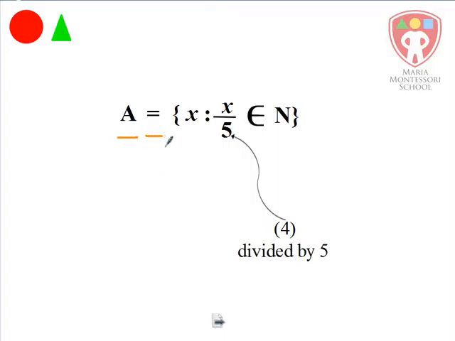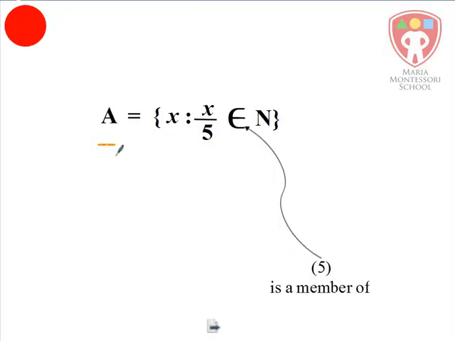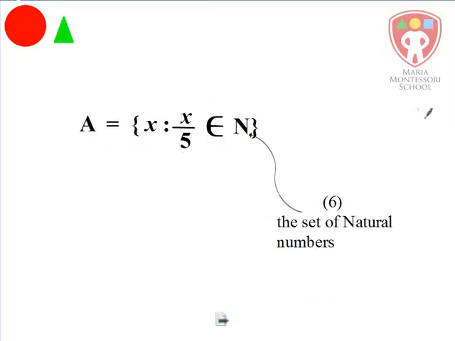Set A equals x such that x divided by 5 is a member of the set of natural numbers.